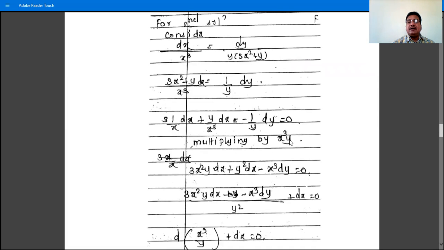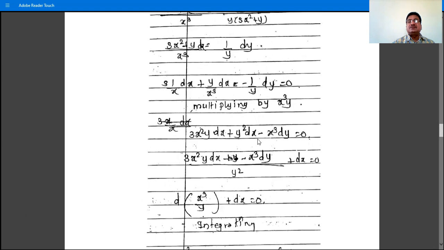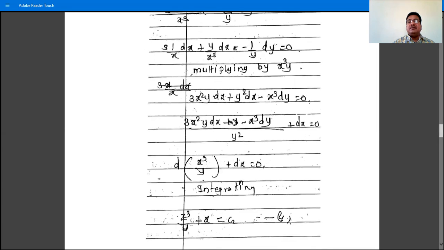So multiplying by x cube y throughout, we have 3x square y dx plus y square dx minus x cube dy is equal to 0. Then 3x square y dx minus x cube dy divided by y square, plus dx is equal to 0.